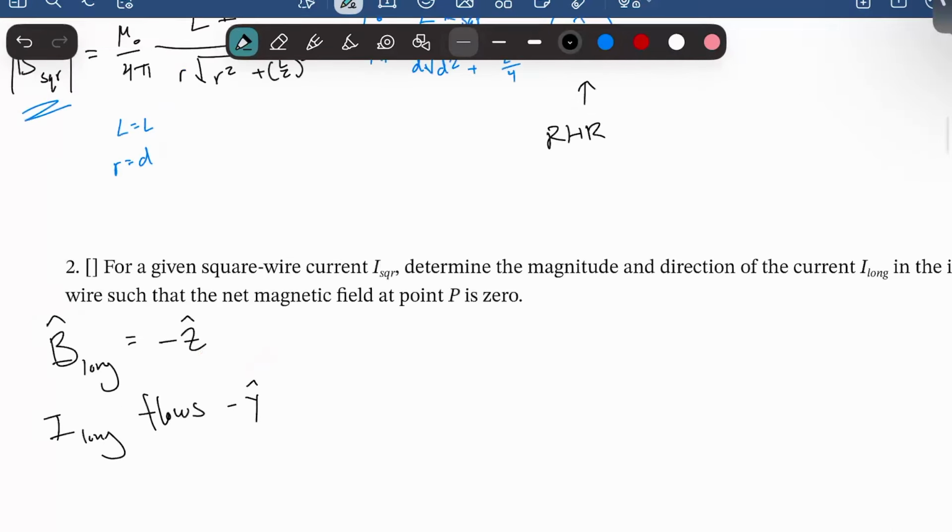Well, we know the magnitude has to be equal but opposite to the B from the square for it to cancel out. So the magnitude of B square is equal to B long, but what is B long equal to?